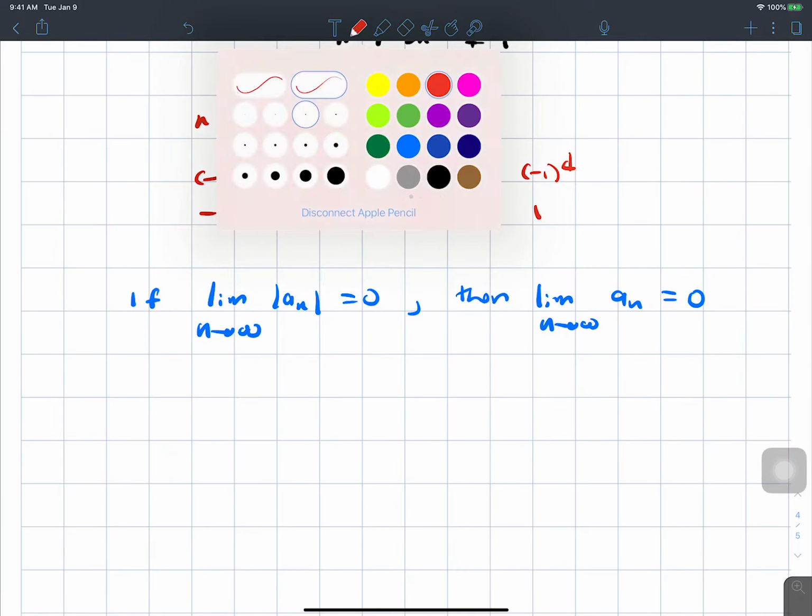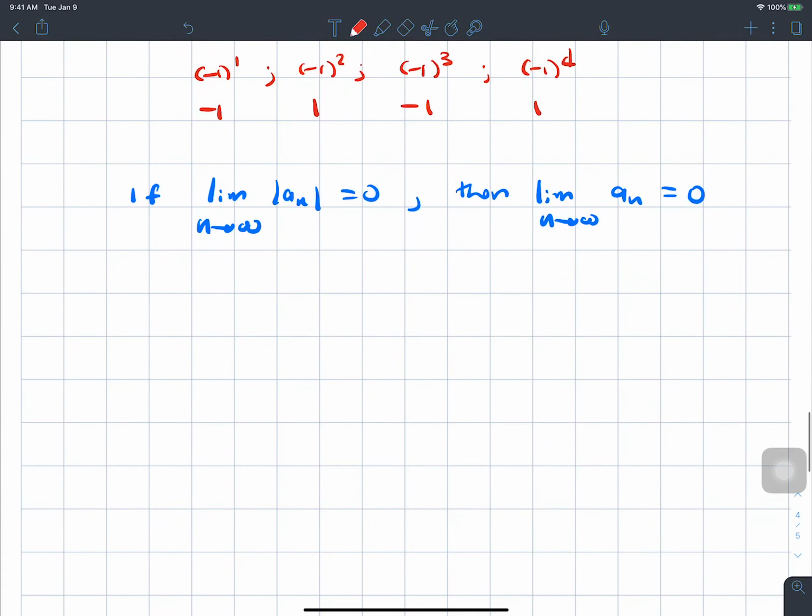Your book describes it exactly that way. It's really if a_n goes to 0 in absolute value, then a_n goes to 0. And this is, of course, as n gets big. So we have this kind of special convergence to 0.